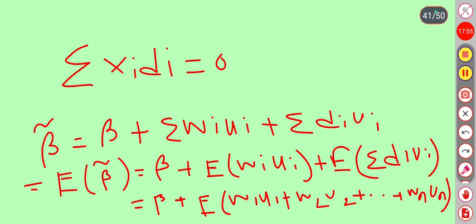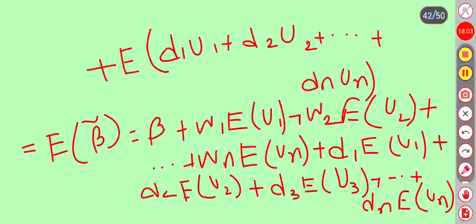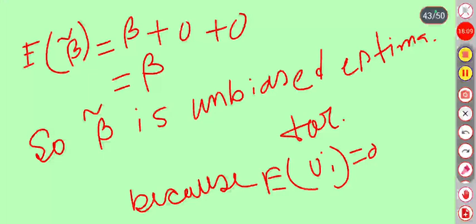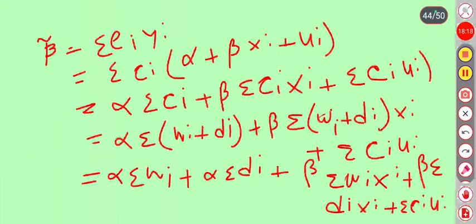Here the expected value of beta tilde is equal to beta because we know that the expectation of the random part is equal to 0, that means the expected value of ui is equal to 0. Finally we get that the expectation of beta tilde is equal to beta. So beta tilde is an unbiased estimator, but what will be the variance, that we need to check.